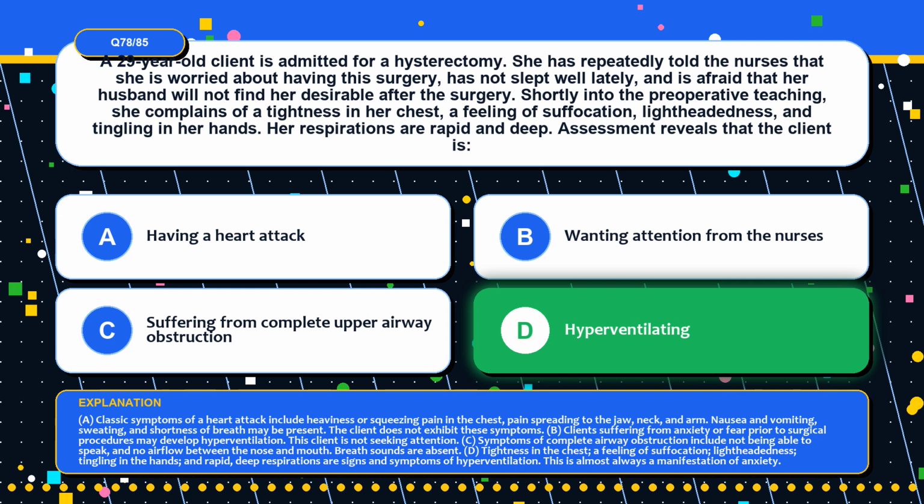This client is not seeking attention. C. Symptoms of complete airway obstruction include not being able to speak and no airflow between the nose and mouth. Breath sounds are absent. D. Tightness in the chest, a feeling of suffocation, lightheadedness, tingling in the hands, and rapid, deep respirations are signs and symptoms of hyperventilation. This is almost always a manifestation of anxiety.